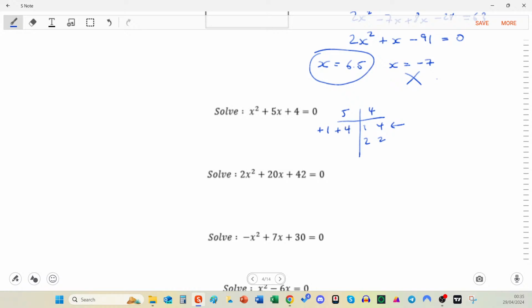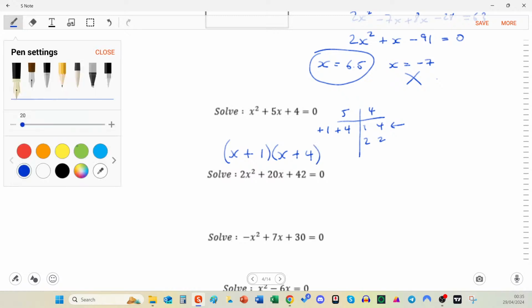In this second column on the left, I'm just adding the positive and negative to see how I would get to 5. If that was a positive 1 and a positive 4, then I would get to positive 5. So in that regard, these are the two numbers I'm looking for to go into the brackets. So x plus 1, x plus 4.